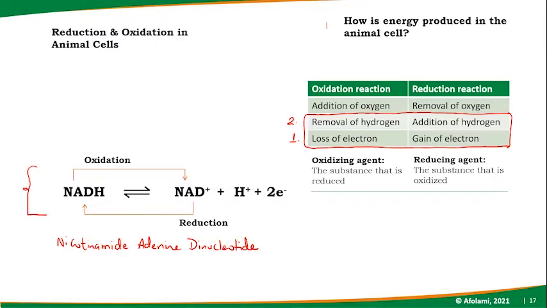So take for instance NADH in this form highlighted, it's in a reduced state, and we call it reduced NAD plus. However, in this form highlighted, NAD plus is in the oxidized state.